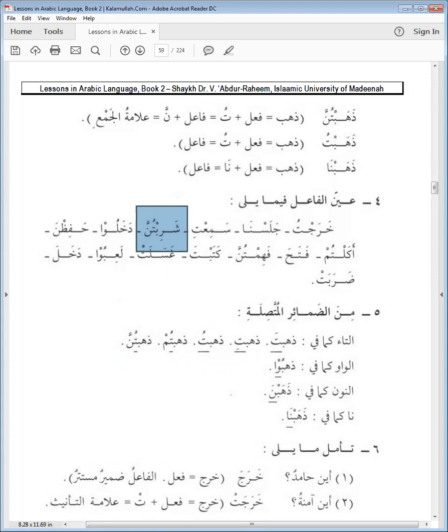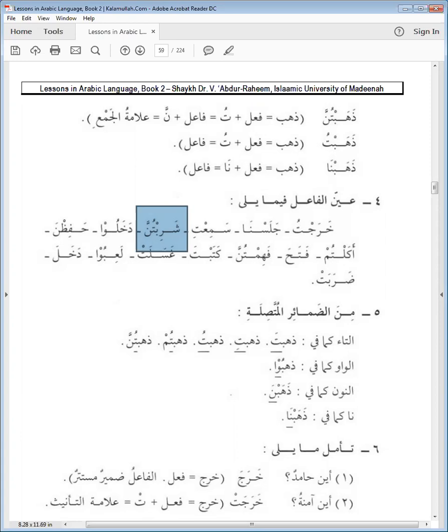Shin, ra, ba, shariba. And then the pronoun tunna, the ta and noon with the shadda. This is the attached pronoun, which is the fa'il. Right? So the fi'l is shariba, the fa'il is the attached pronoun or the damir muttasil, which is tunna.